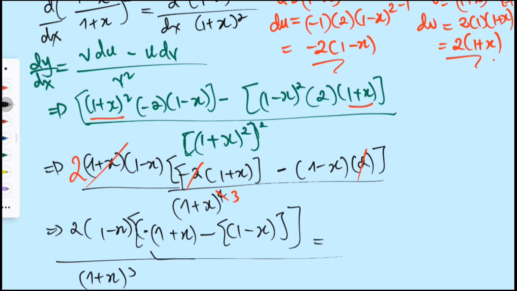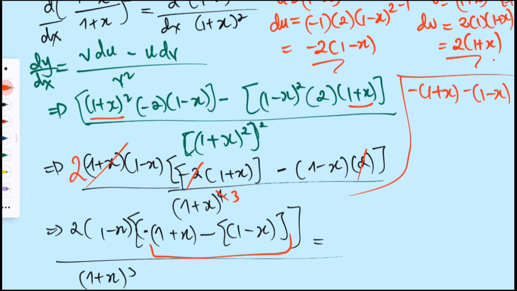Okay, I'm just going to work with this middle section right here real quickly and simplify it before I substitute it back. Okay, so in this case, the middle section, which is -1 plus x minus 1 minus x, will be -1 minus x minus 1 plus x, and then the x's cancel out to give us -2 in the end. So all of these brackets boils down to a -2. Perfect.